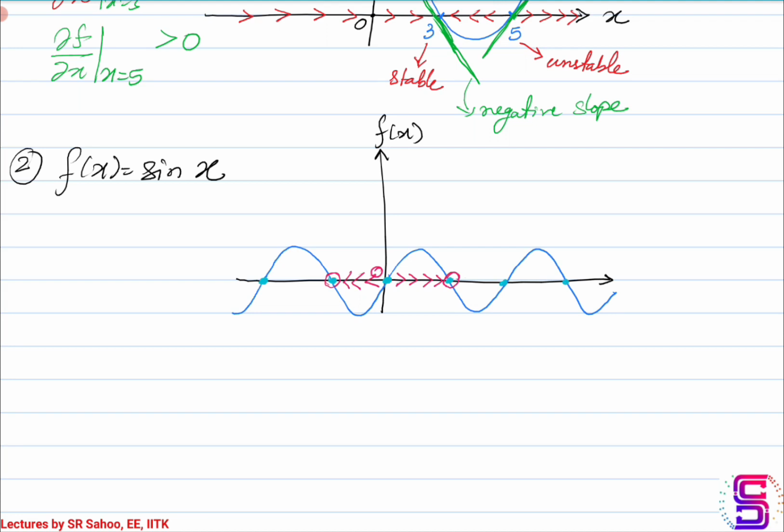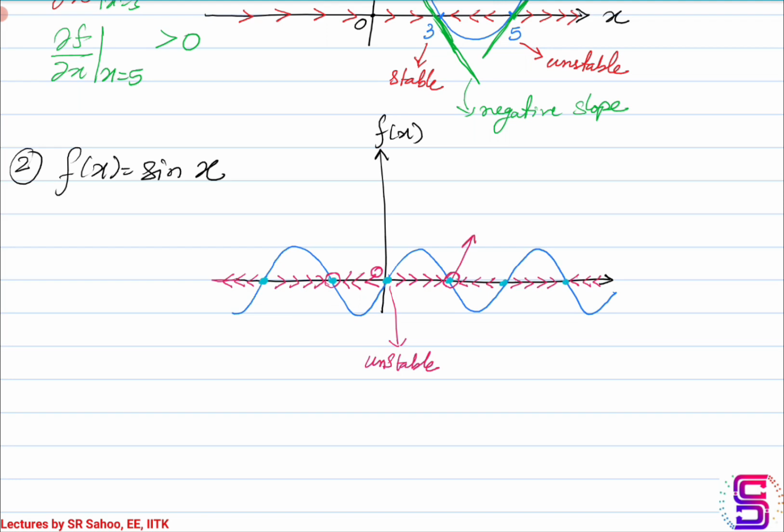Similarly, if you keep on getting the sense of the vectors for the vector field, what you get is essentially something of this form, right? So now what you observe is 0 is going to be an unstable equilibrium point.